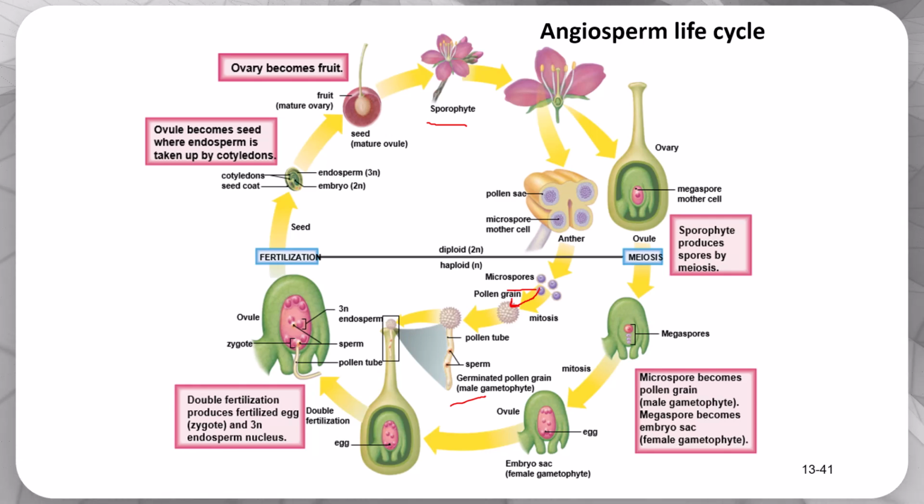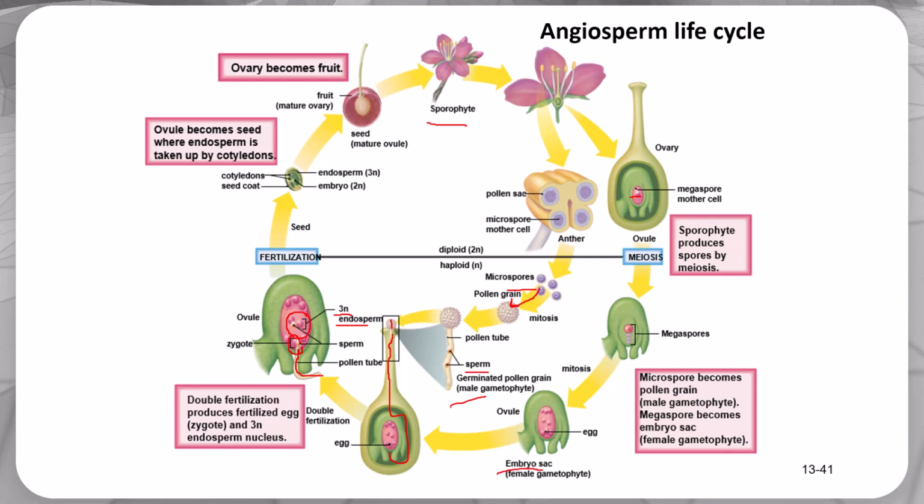The female parts of the plant have megaspores, which grow up to become the embryo sac, which is the female gametophyte generation. The pollen, the male gametophyte, has sperm. When the pollen gets to the female reproductive parts of the plant, this pollen tube germinates down, and then sperm from the pollen tube fertilizes the egg. We get a diploid zygote. We also get something called the endosperm, which is actually a triploid tissue. We'll talk more about that in our next unit, though.